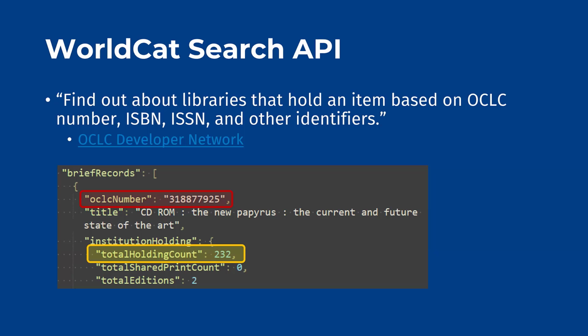And then on the screen here, I have some sample output from the API. At this point, I reached out to Ron to find out if it was possible to develop a procedure to use the WorldCat API to collect WorldCat holdings data in batches for collection management work.